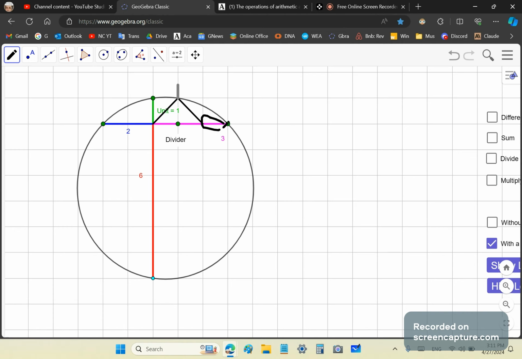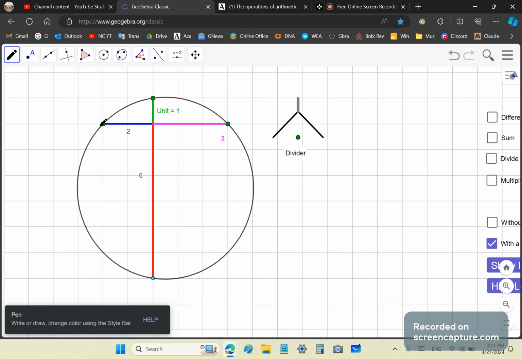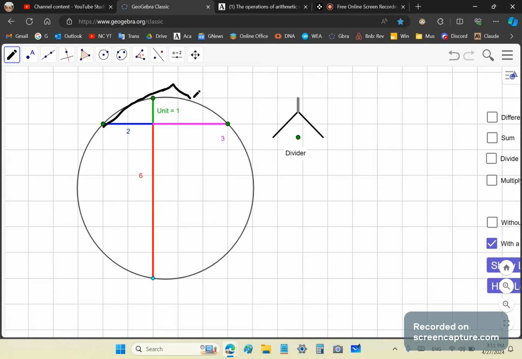This section. Now, similarly, if we wanted to take the sum of these, we would put the divider on these ends, wouldn't we? Like that. All right. So those two operations are very easy and they work with any number in any magnitude.